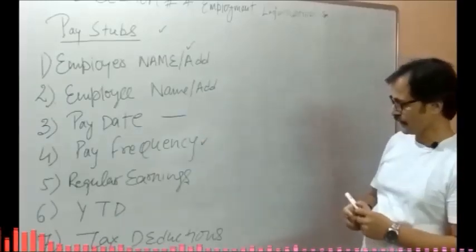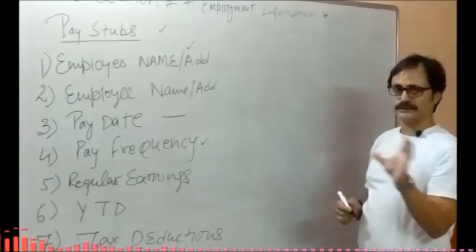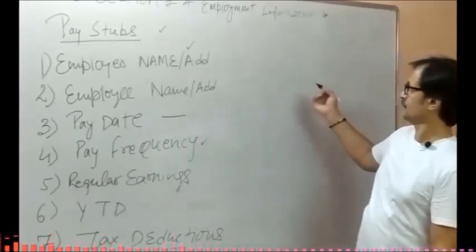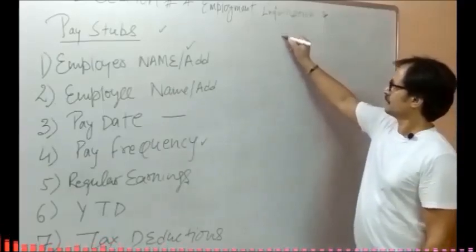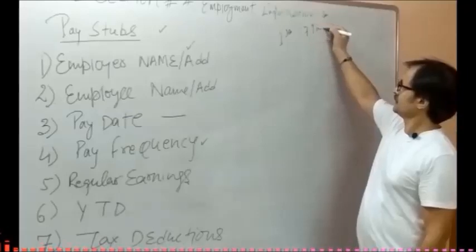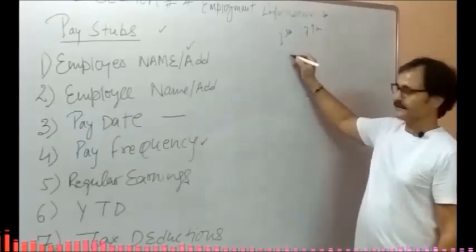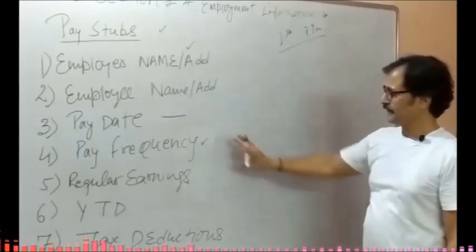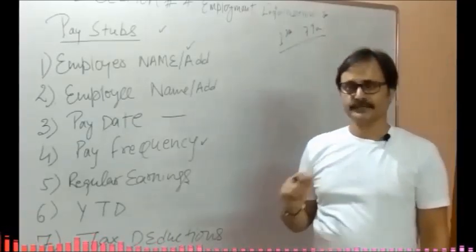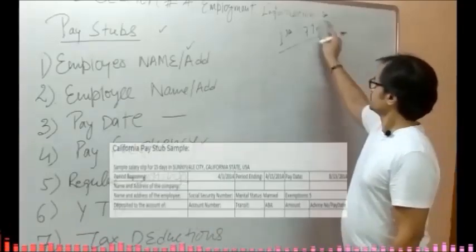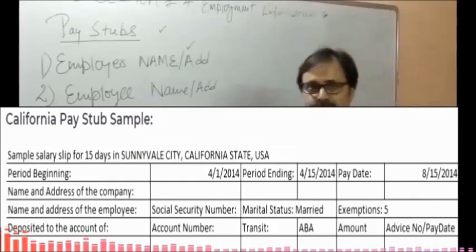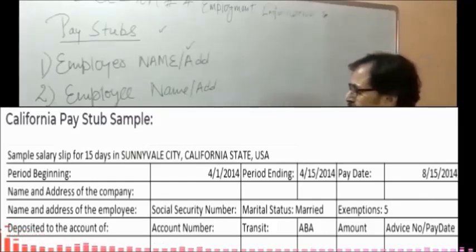Okay, now I told you how to determine the pay frequency. The pay period is like from 1st Jan to 7th Jan. But if the pay frequency is not written on a pay stub or a pay slip, let's see how we can identify it.